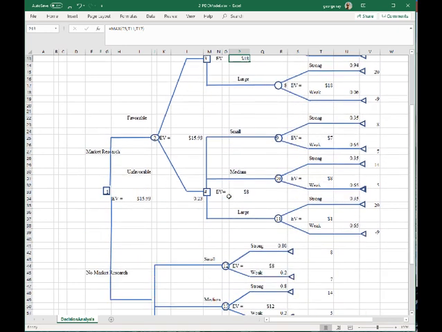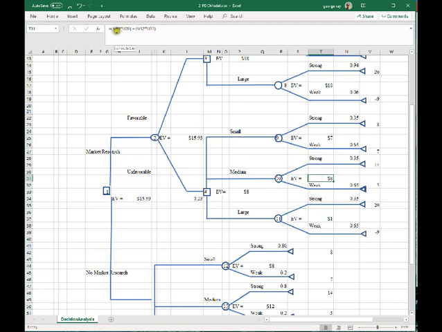On the other hand, if we look at the unfavorable branch of the report, we get a different set of probabilities, but we use those to calculate our expected values just as we had done before. So each of these is the same type of calculation.